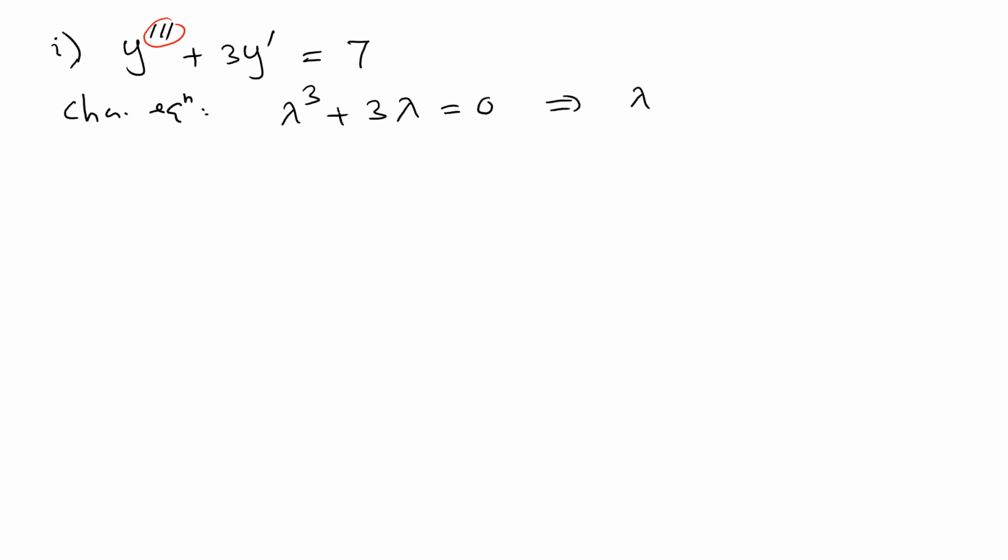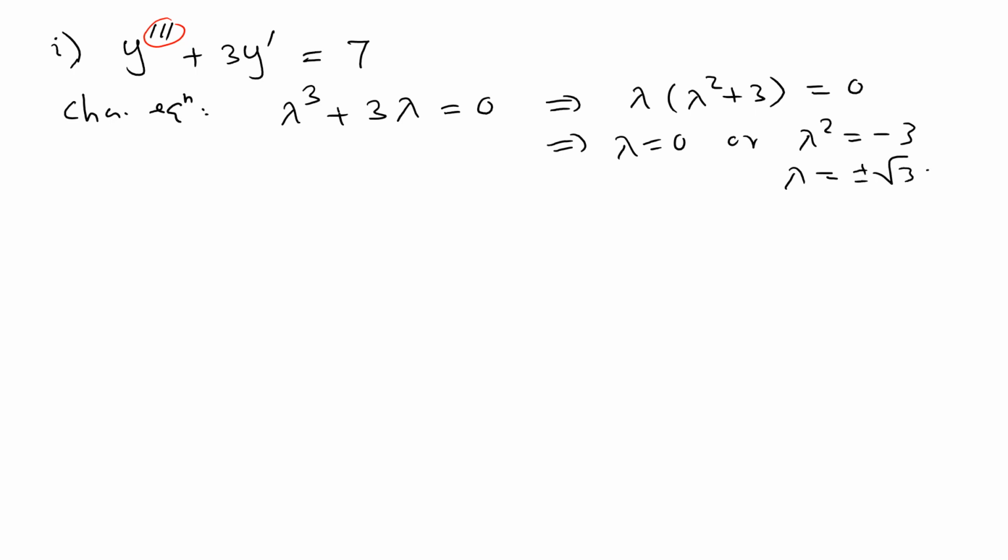You can see lambda can be factored out, so you get lambda times (lambda squared plus 3) equals 0. The zeros are lambda equals 0 from the first one, and the others are lambda squared equals negative 3, so lambda equals plus or minus square root 3 i.